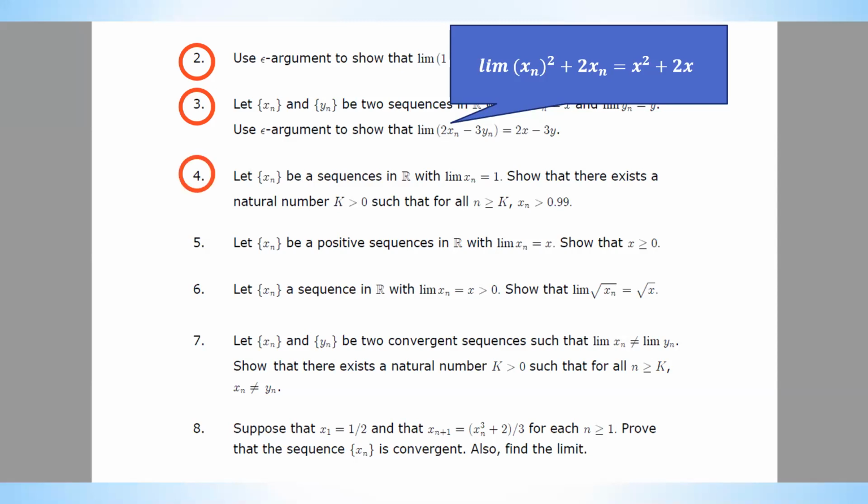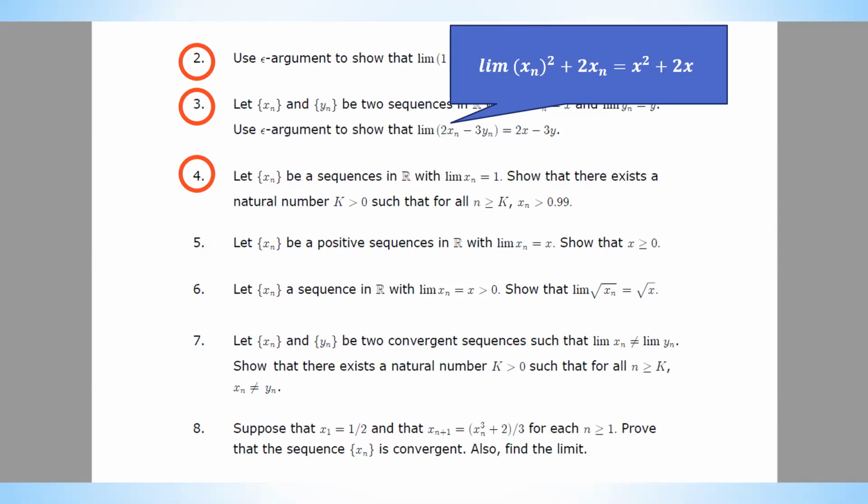Number 4 is a very typical problem. I'm going to talk about this in a minute. This is a typical problem, and you have to be very careful with this one. Here, the limit equals something, and you want to show that eventually xn is greater than 0.99. The important thing is that you learn the skill in the proof, the method and approach.